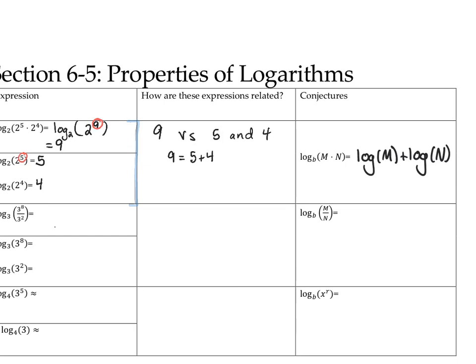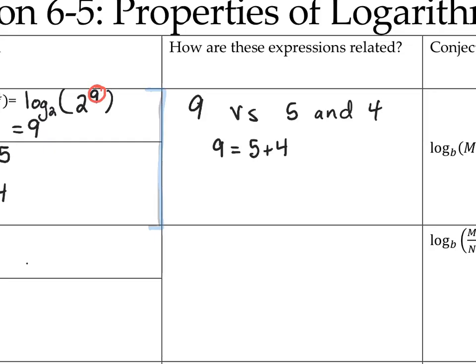So keeping in mind that in our problem this 9 over here was the log base 2 of 2 to the 5th times 2 to the 4th, and that this 5 was log base 2 of 2 to the 5th, and this 4 was from the log base 2 of 2 to the 4th.